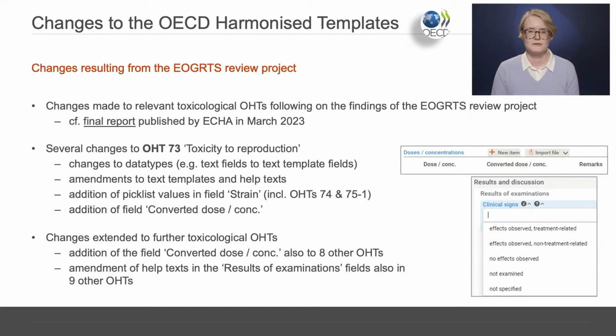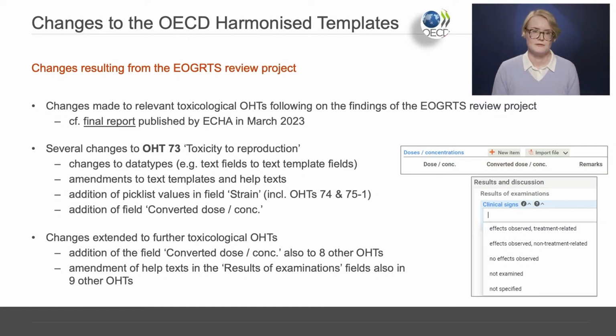Next, based on the findings of an ECHA-led interagency review project on extended one-generation reproductive toxicity studies, as well as an expert consultation that followed, several changes were made to the OHT 73 toxicity to reproduction.